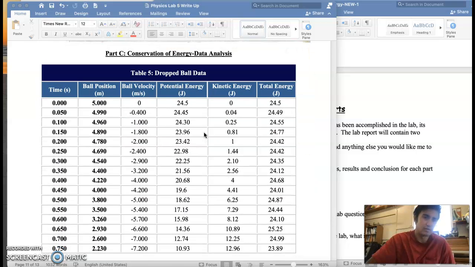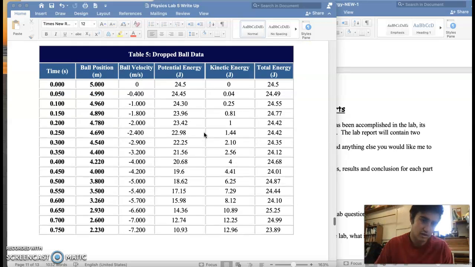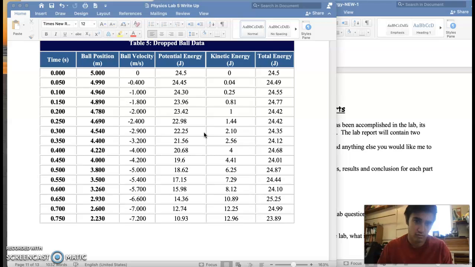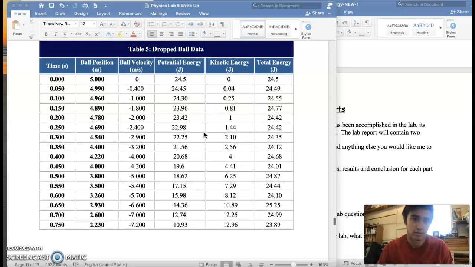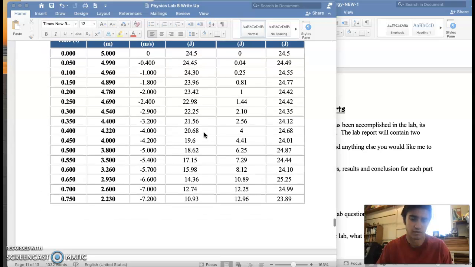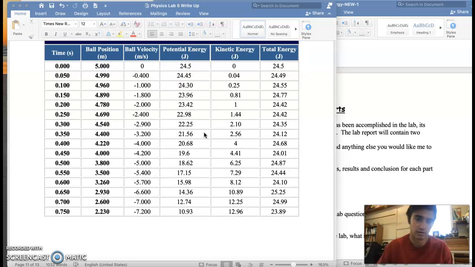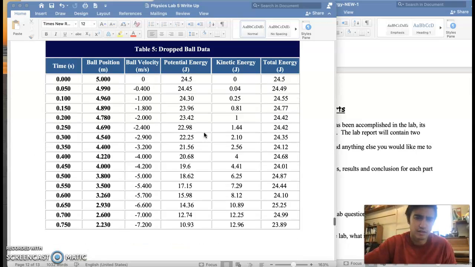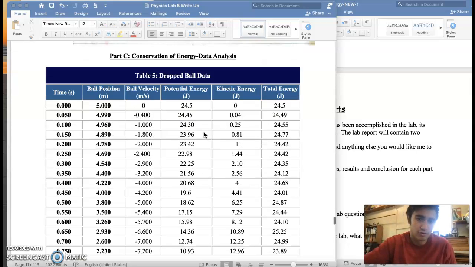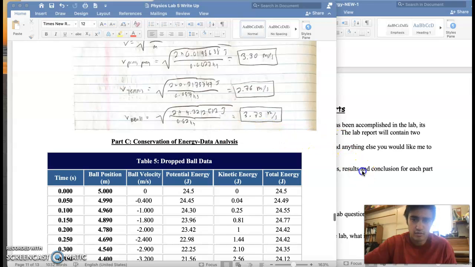Part C is just a data analysis, giving us a certain size mass ball, and then giving us a scenario and telling us to figure it out. Most of these I did in my head, unfortunately, so I don't have the paper.